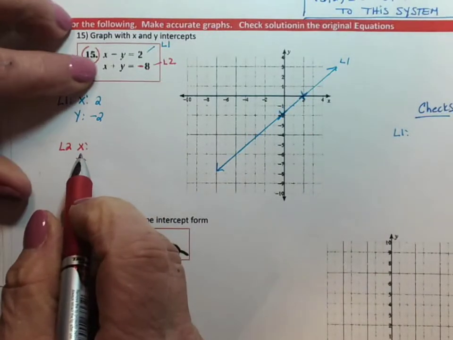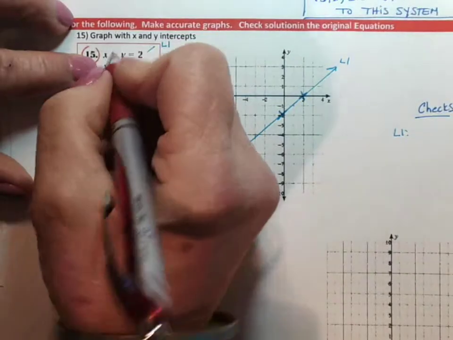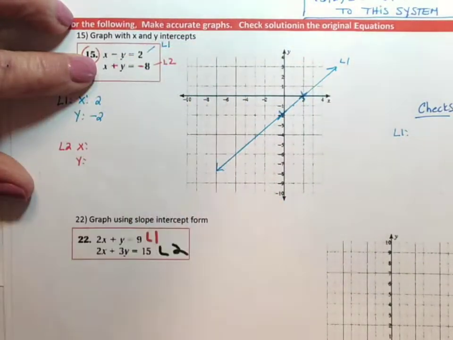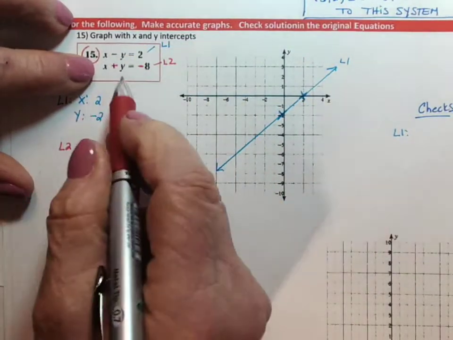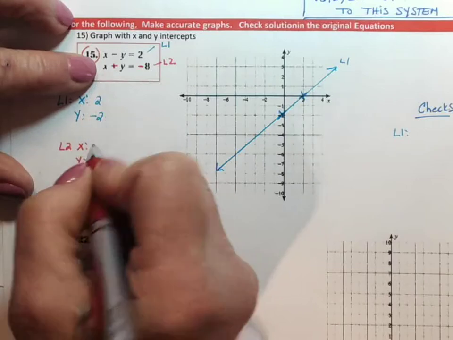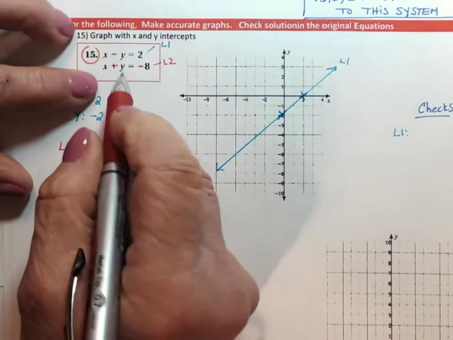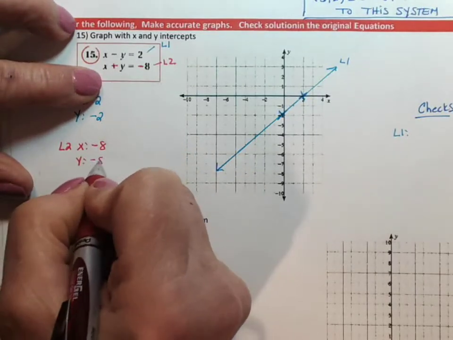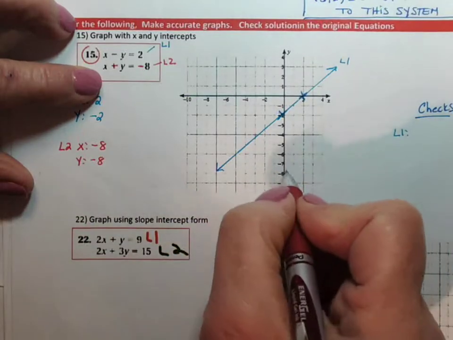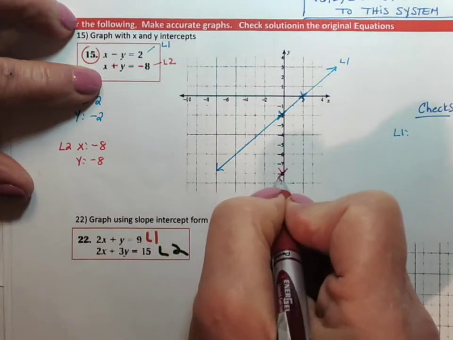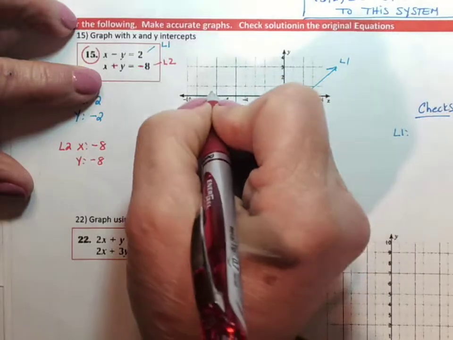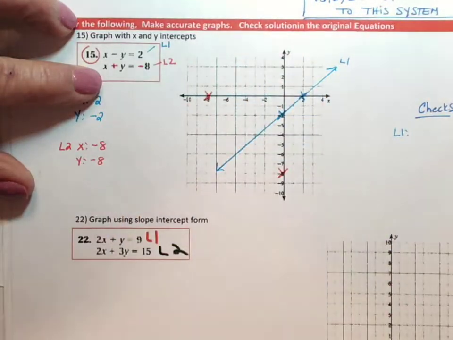Now the x-intercepts, and that is plus. So the x-intercept is negative 8, and the y-intercept is negative 8. So I'm going to graph there's my y-intercept, there's my x-intercept.